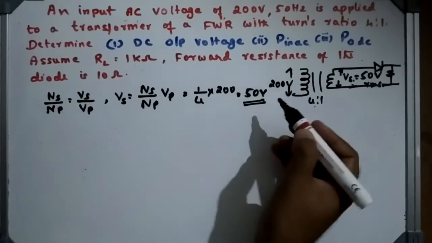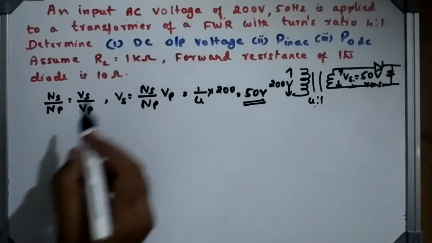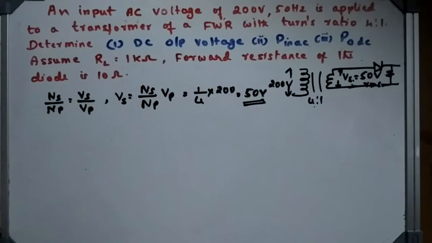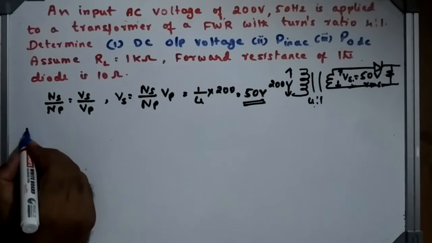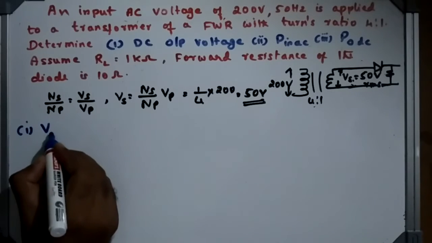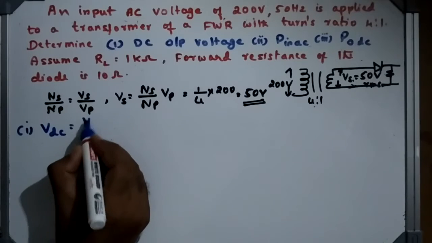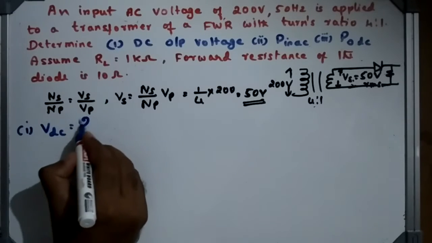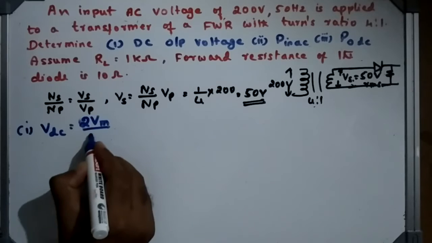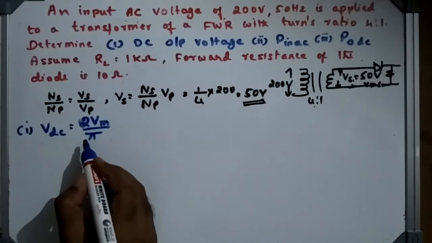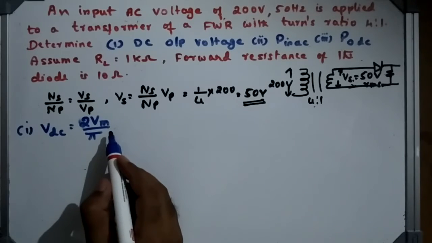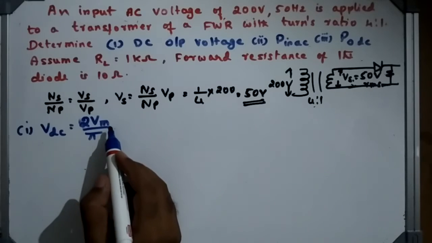Okay, this is 50 volt. Now what is asked is the DC output voltage. So first question, the DC output voltage VDC is equal to 2 Vm divided by pi. I have given the derivation in my previous lecture, and I have given the link in the description.